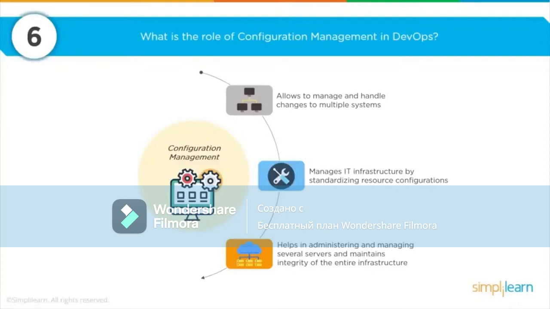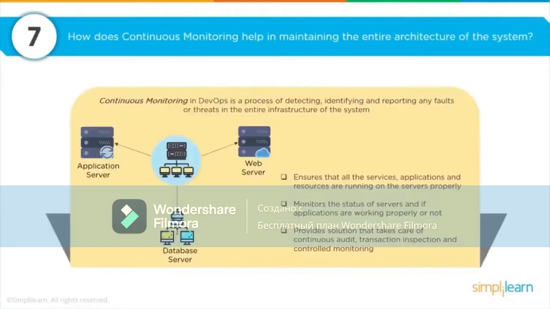So instead of having a large team, you can have a smaller team at scale. If you have configuration management tools, you're able to manage a significant number of servers and domains that may make up the entire architecture of the system. So when this question comes up, you want to dig in and show your knowledge of how configuration and continuous monitoring is able to control an entire environment.